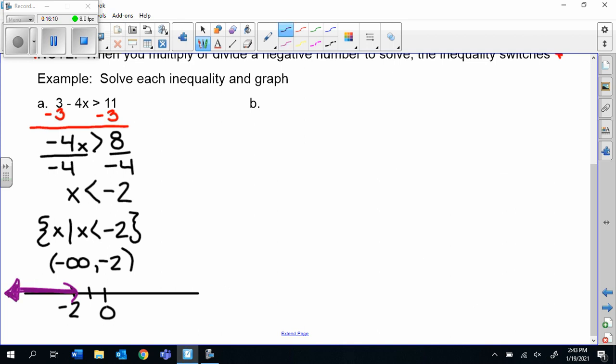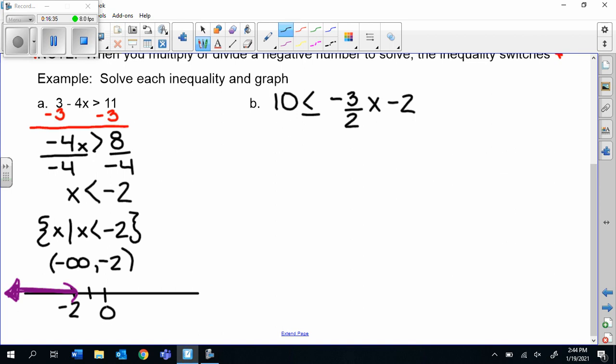So what do we do in a situation like this? Let's say we have x, or 10 is less than or equal to negative 3 halves x. All right, so in this situation, and let's add in something, let's say minus 2.